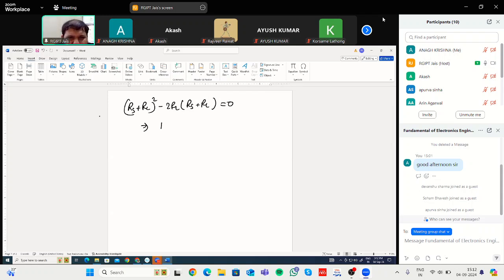This will be equal to 0 when your RL will be equal to RS. That means when the load resistance becomes equal to the source resistance, then maximum power will be delivered.